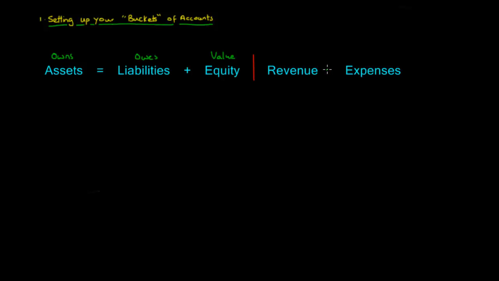So that would be the revenues and expenses, and the difference between these is the profit or loss in the business. And again, at the end of every period, that would flow through to the equity to show what the value is. So those are basically the two statements. On one side, we had the balance sheet, and on the other side we had the income statement.